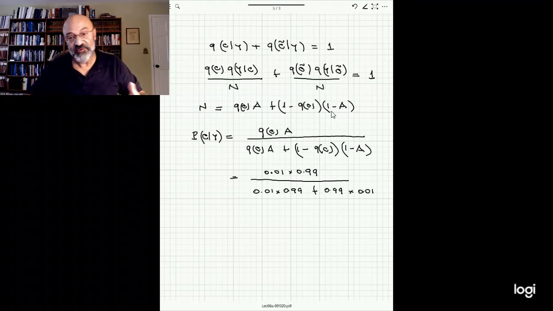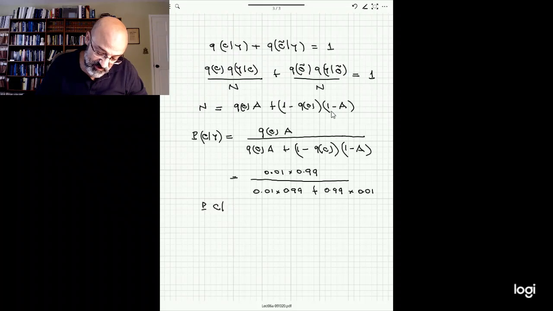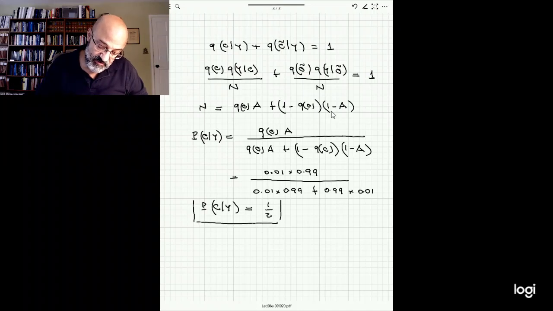Obviously, I chose the numbers so that it gives a simple answer. So here we have a reply to what is the probability of cancer given that you had a positive result. It's 1/2. So good news.